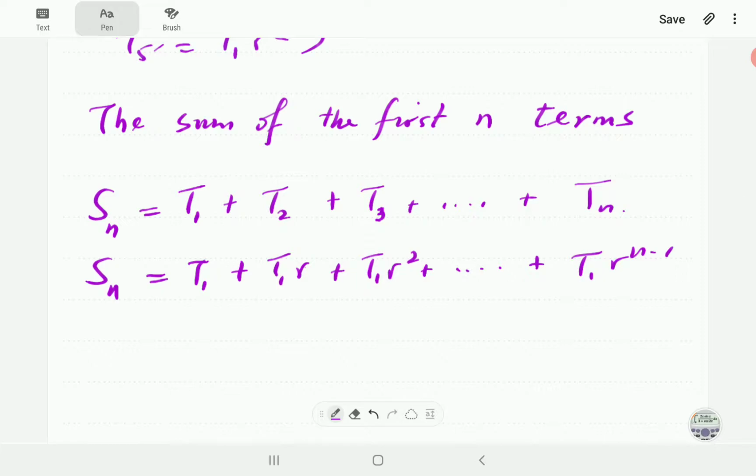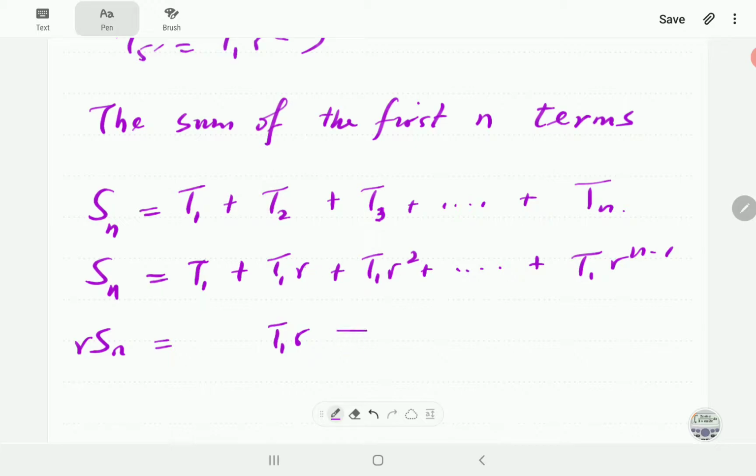Now, if we multiply through by r here, which we can do, this is what's going to happen. So this side is going to be Sn times r. If you multiply this term by r, we're going to get T1r. So I'm going to write it here because it's a like term to that second term there.